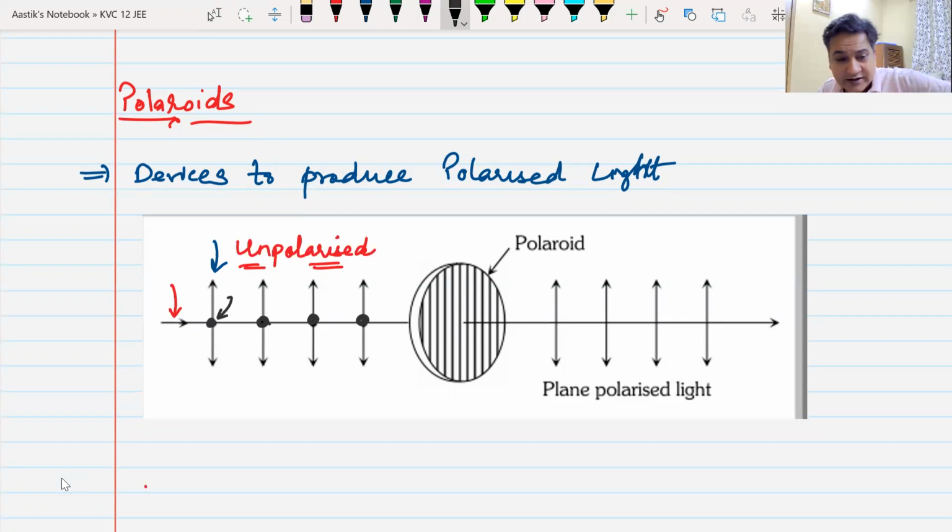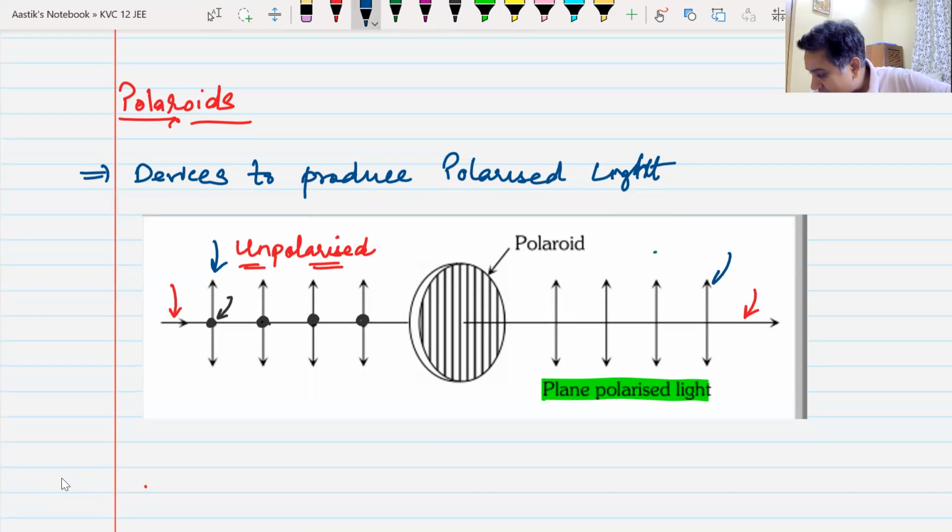When you put a polaroid in front of it, it will absorb all the oscillation along the z-axis. And what do you have on the other side? On the other side, we have plane polarized light. As you can see, this is the direction of propagation of light.